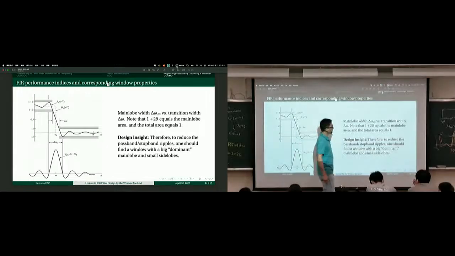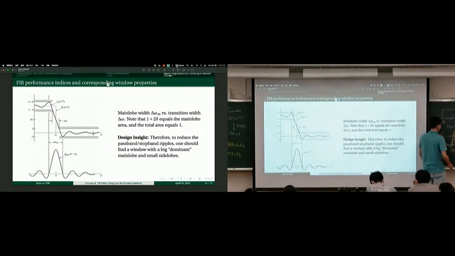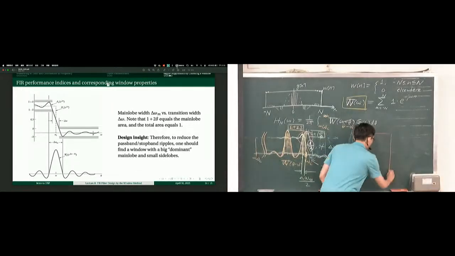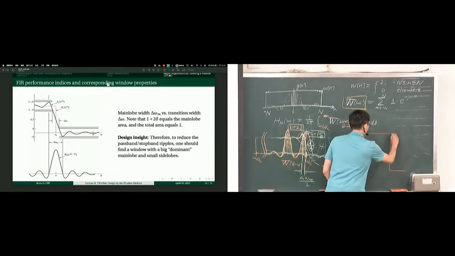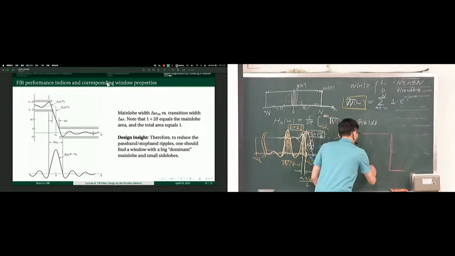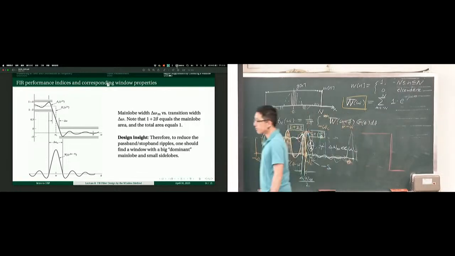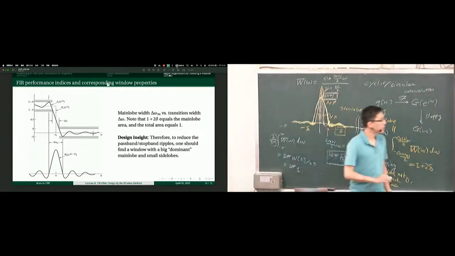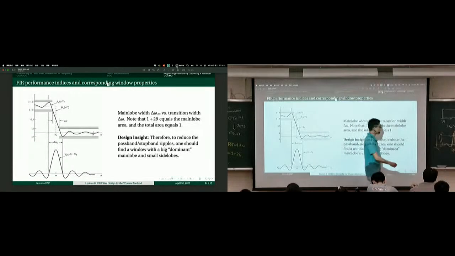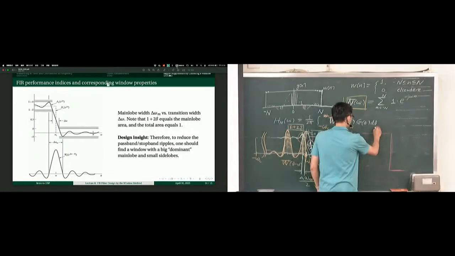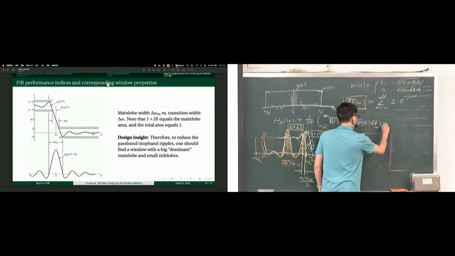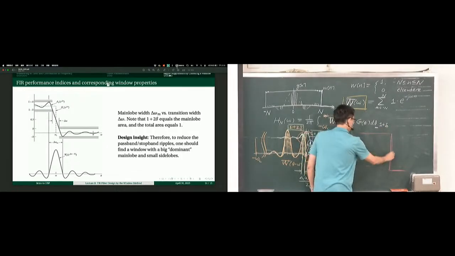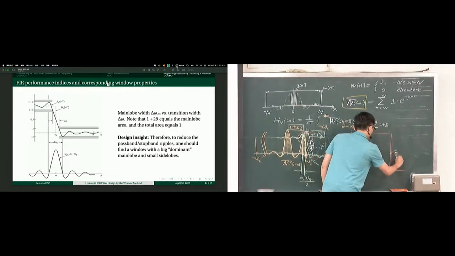That clear? So finally, let's make another plot and talk about what happens as n increases. Let's blow up this part. Suppose this is our ideal response, pass band, stop band, and at a smaller n we have a fine approximation to the ideal response. This is the frequency domain. There's going to be a peak of 1 plus delta.